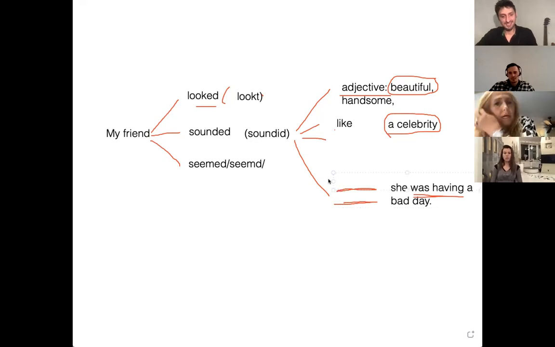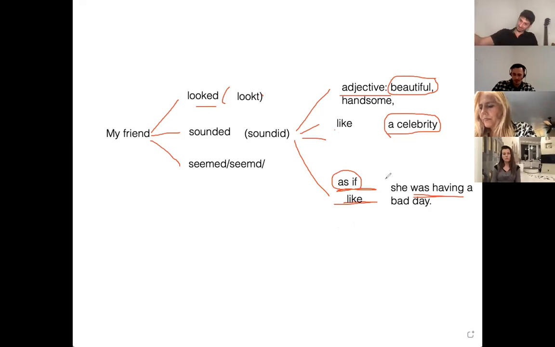It can be only as, or as if. As if she was having a bad day. And sometimes you can also put like. Okay, it sounded like she was having a bad day. It can also be like, but as if. Okay, because this is a situation, as if. So it's if because of the situation.